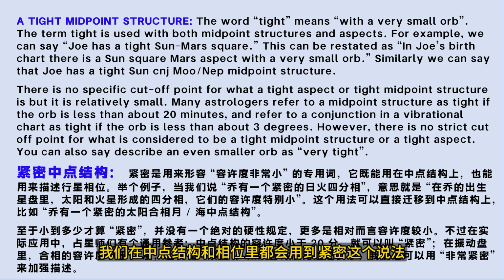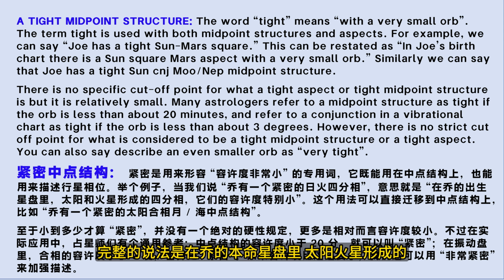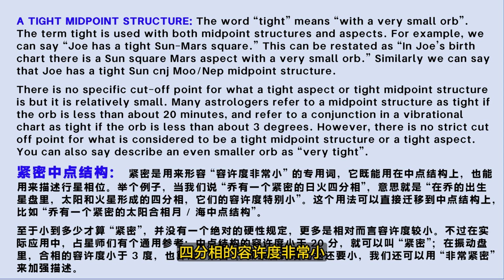We use the term tight with midpoint structures and also with aspects. So you'll hear someone say, Joe has a tight Sun-Mars square. What does that mean? It's a quick, abbreviated way of saying this: in Joe's birth chart, there is a Sun square Mars aspect with a very small orb.